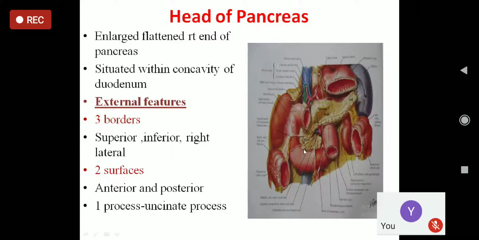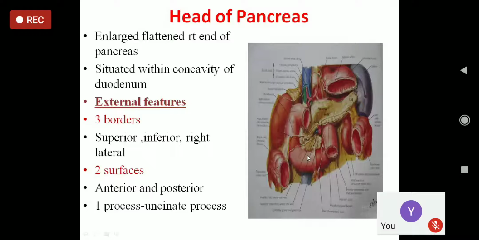So these are the three borders of the head of the pancreas, and the two surfaces are the anterior surface, so this is the anterior surface, and the backside is the posterior surface. So the head has three borders: the superior border, inferior border, and the right lateral border. And two surfaces: the anterior surface, and behind is the posterior surface.